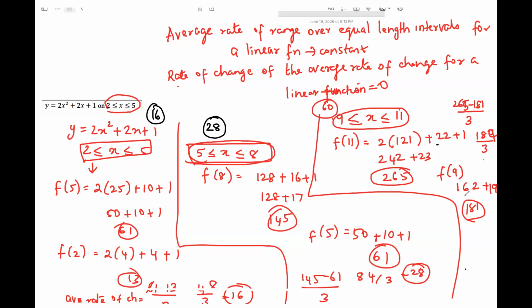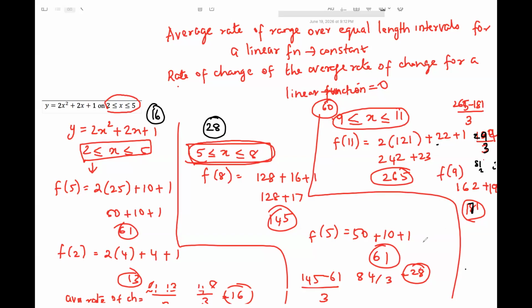F of 9 is 81. 81 times 2 is 162, plus 18, plus 1, 19, so 181, no, 171. 265 minus 171, I'm getting, oh my goodness, 94. That changes the equation, guys. 3 3s are 9, 31.